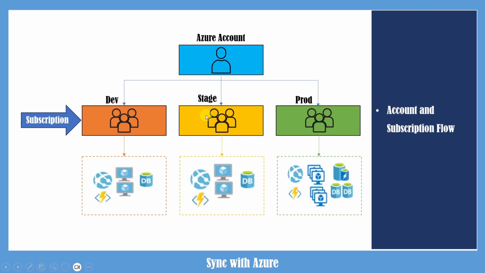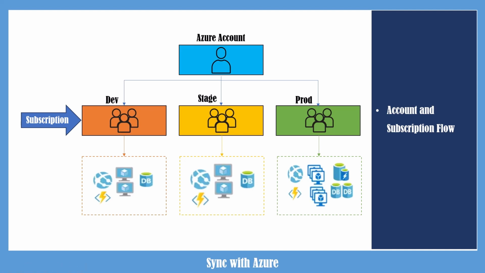The same for staging subscription, we have a resource group and the resource group has the resources. Same for the production subscription, we have a resource group and for the resource group we have the resources.